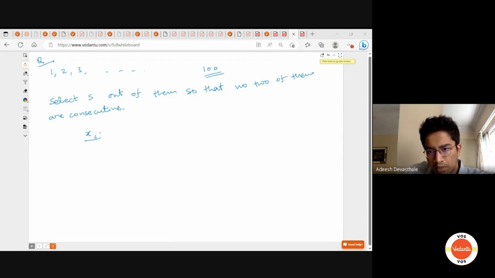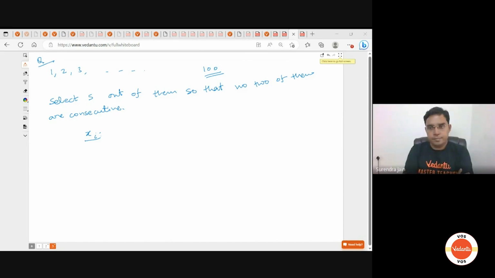So x1 plus x2 plus x3 plus x4 plus x5 plus x6 should become 95, with the constraint that x1 and x6 are greater than or equal to 0, and all the other xi's are greater than or equal to 1.